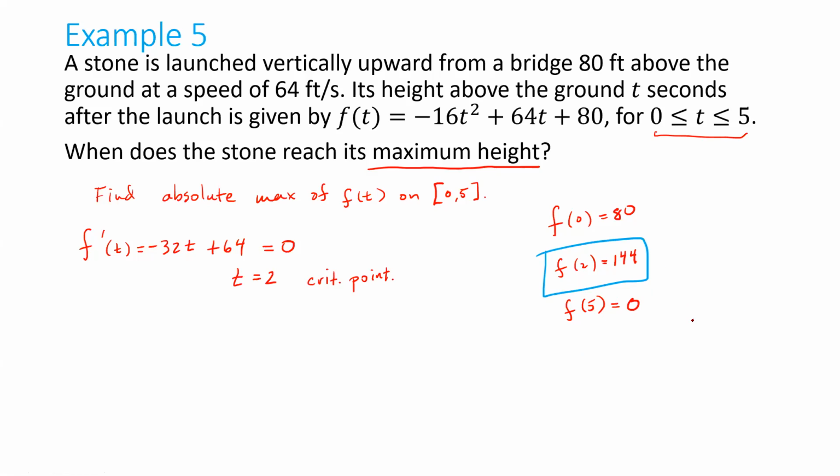It starts 80 feet above, throws it up in the air, reaches the maximum height, and then comes back and hits the ground. Okay. So actually, to answer the question, when does the stone reach the maximum height? It reaches the maximum height after 2 seconds.